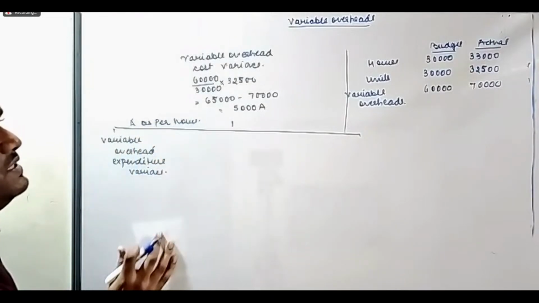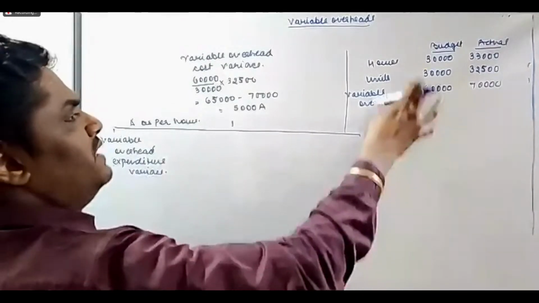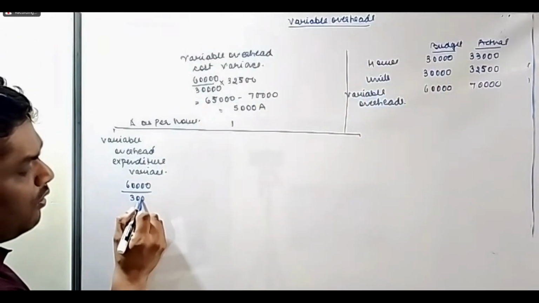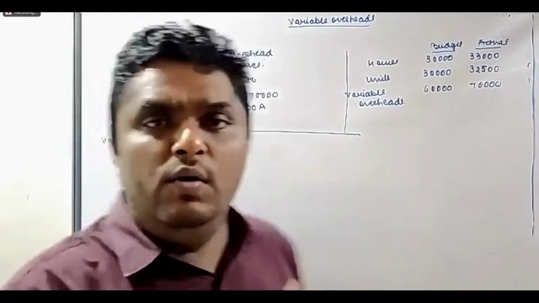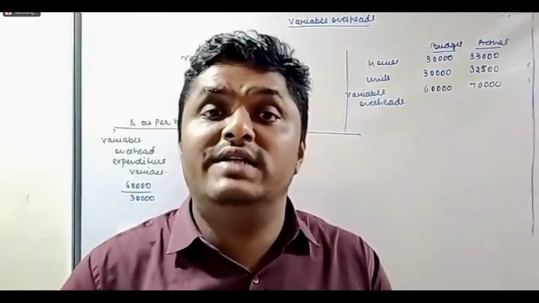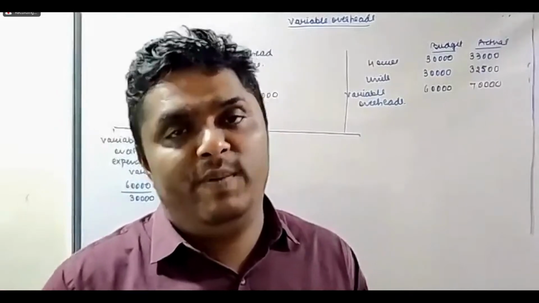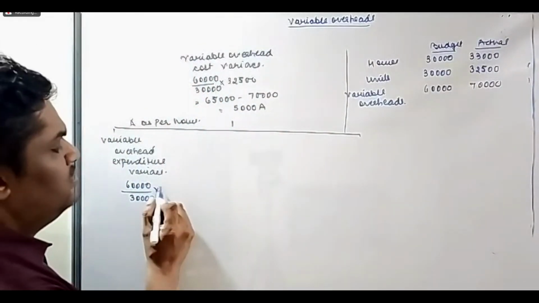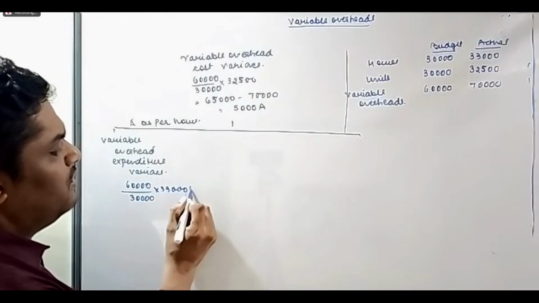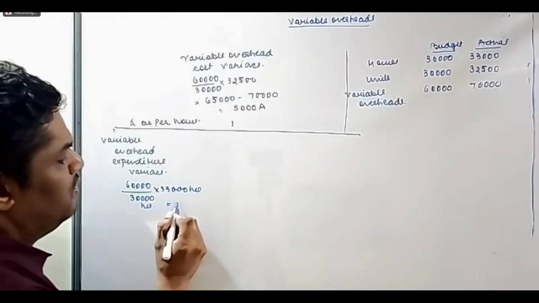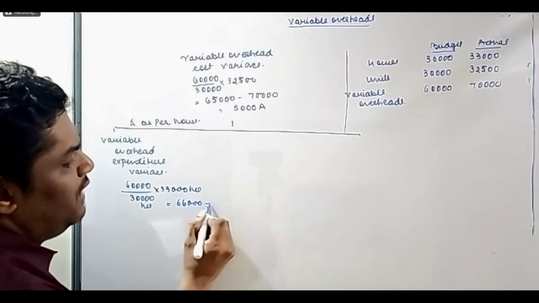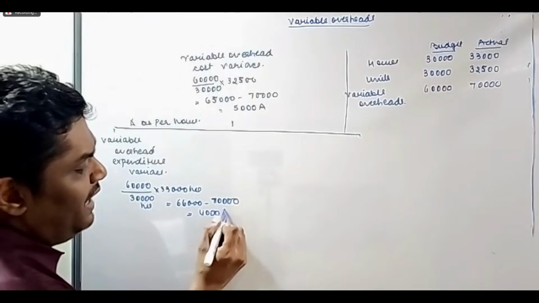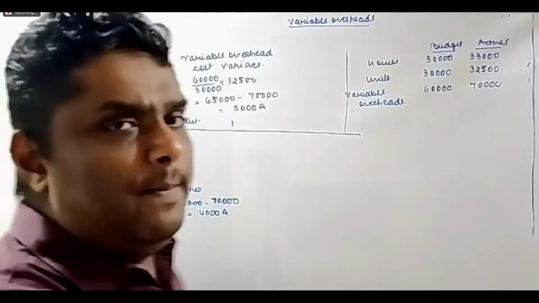It changes as per hours. So 60,000 overheads for 30,000 hours. So every hour my variable overheads are rupees 2. Variable overheads keep on changing in the ratio of production. So for 33,000 hours, how much? 66,000. However, my actual overheads are 70,000. That is 4,000 extra, adverse for the company.